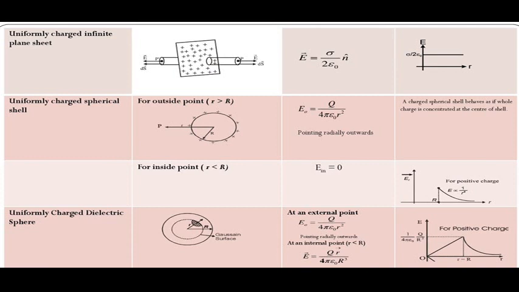In the first case, we have an infinite sheet and a cylindrical Gaussian surface. Second, we have a charged spherical shell, for which we have a spherical Gaussian surface. Similarly, for the last case, a uniformly charged dielectric sphere, we again have a spherical Gaussian surface. So these are the examples or applications of Gauss law.